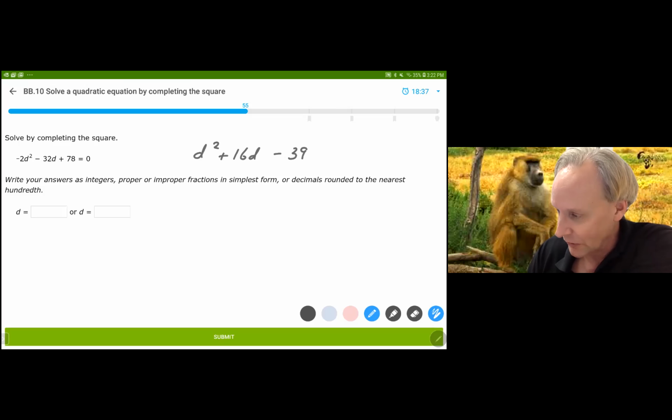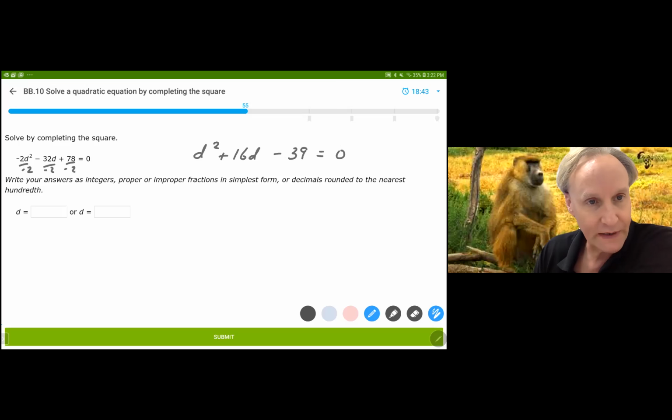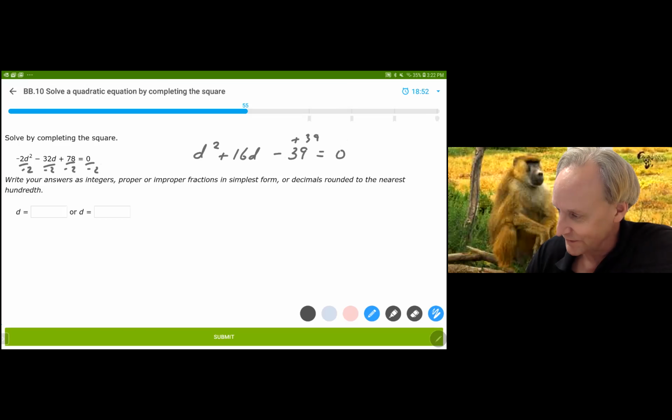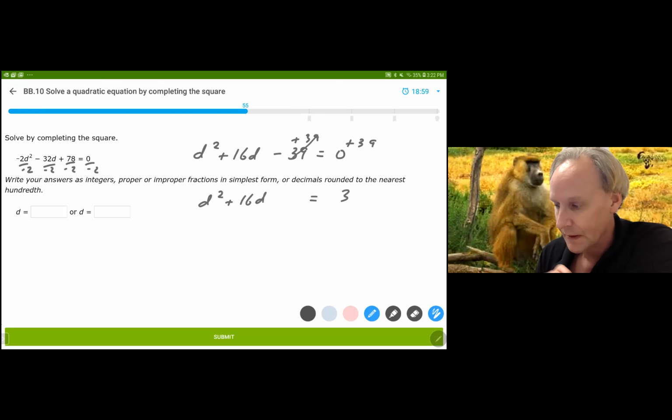I'm dividing all of these things by -2. By the way, I'm also dividing the 0 by -2. It just happens to be 0. I'm going to add the 39 to both sides. I decided to do this in 2 steps so I didn't mess it up. So I've got d squared plus 16d is equal to 39.